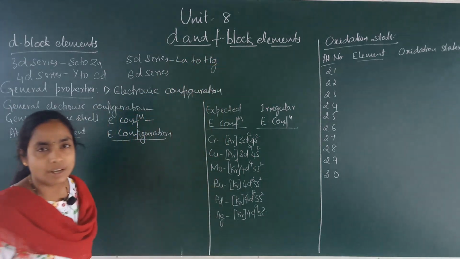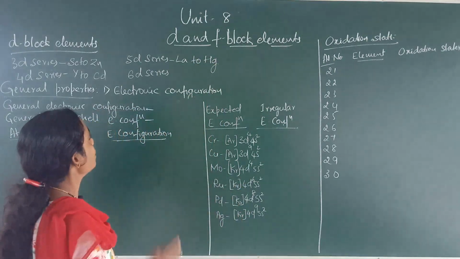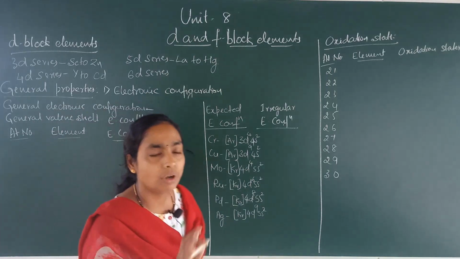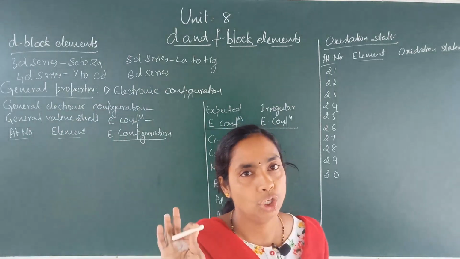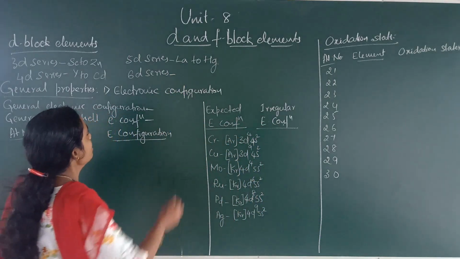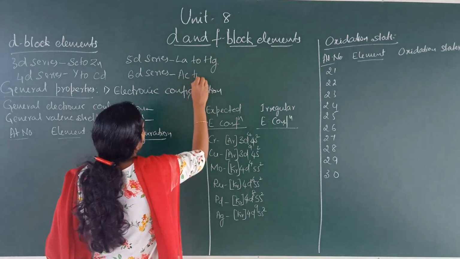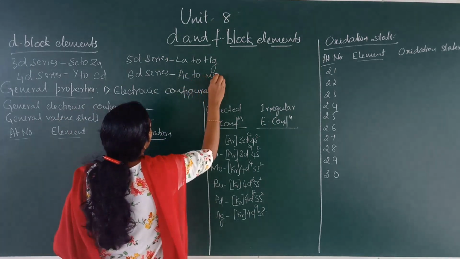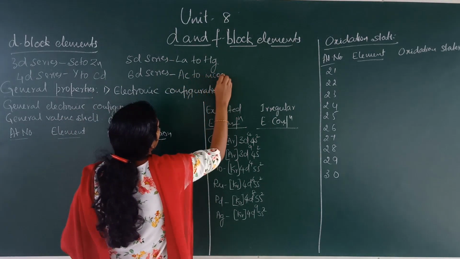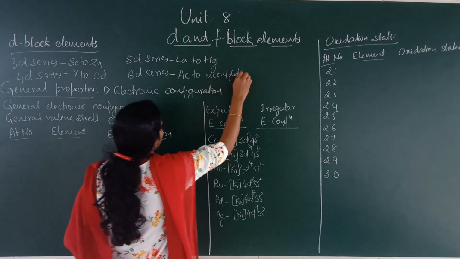In this series, F block elements are also included, but we should not consider those F block elements. We have to omit cerium to lutetium. The 6D series starts from actinium and it is an incomplete period. Therefore, we cannot say the end element of this series.